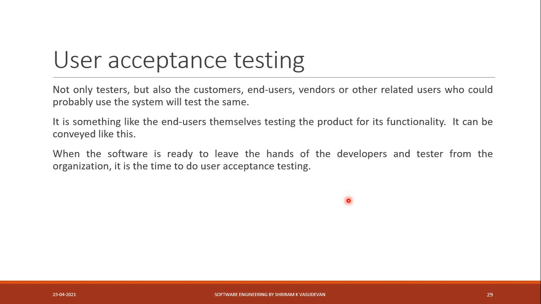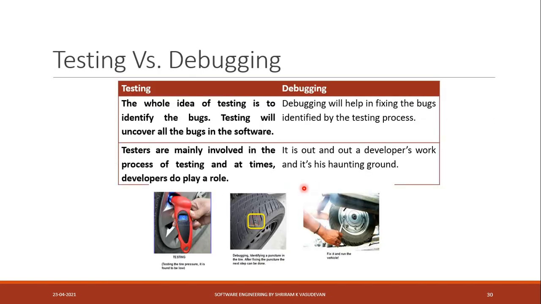When the software is ready in the hands of the developers, and it has gone to the tester side, and the tester has done everything with it and they are okay with it, system testing is done, they can now assume themselves as the end user, as a customer, and do the user acceptance testing. Or it can even go to the market and you can get the reports from them and keep fixing it. That's also possible, and many errors are fixed which are notified by the customers only. This is called user acceptance testing.